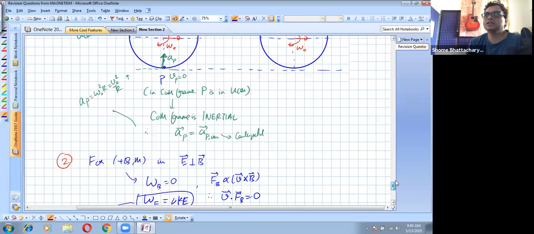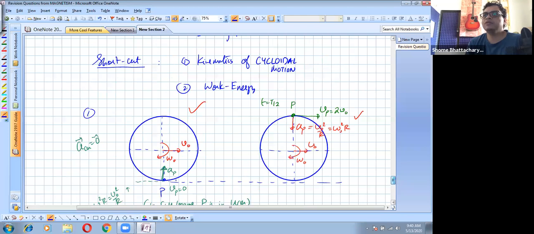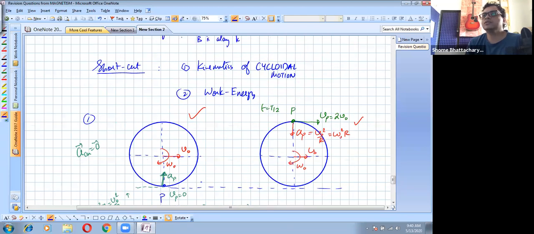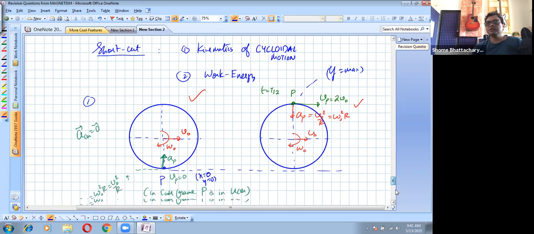One is this trick: compare the point where the y coordinate is 0, so x equal to 0, y equal to 0 for the particle P, to the point where the y coordinate is maximum. The accelerations are equal but opposite, and their values are equal to v naught square by r. So that is one property, and the other is this one.